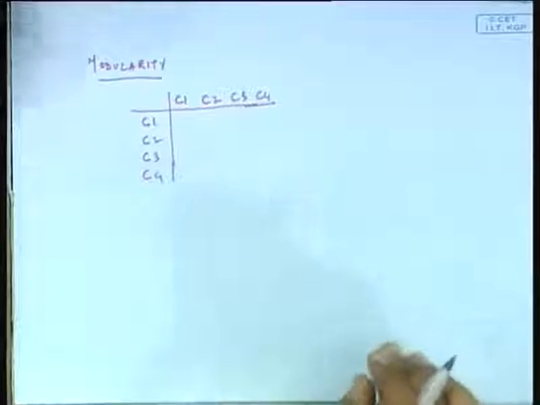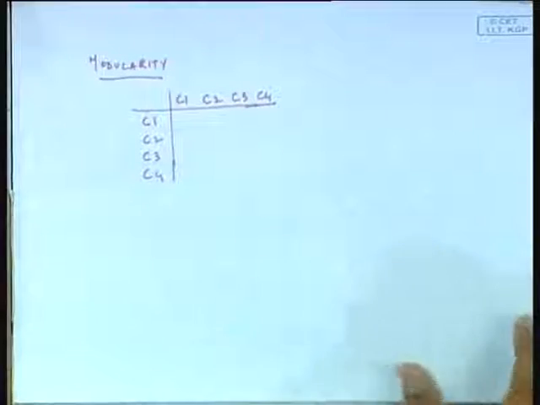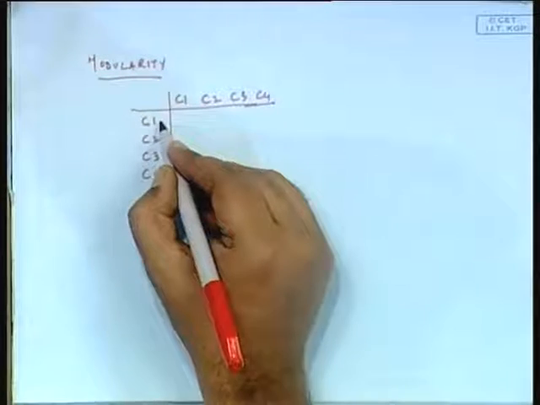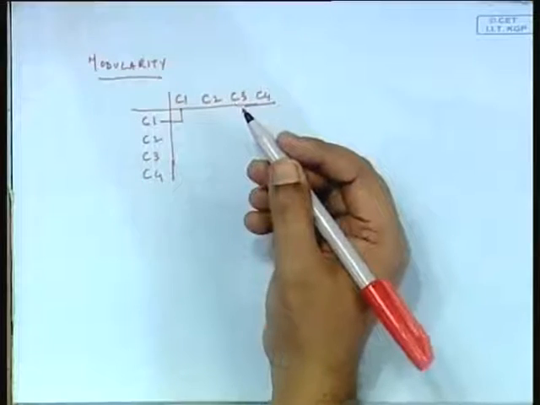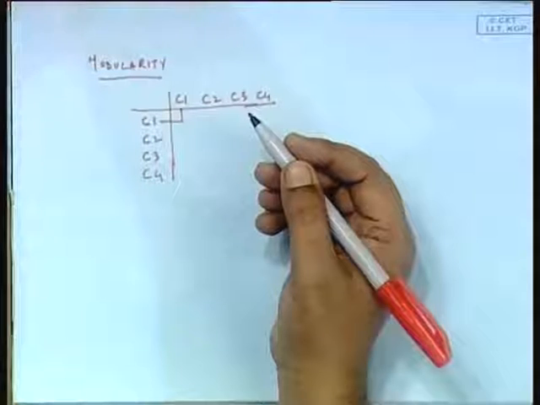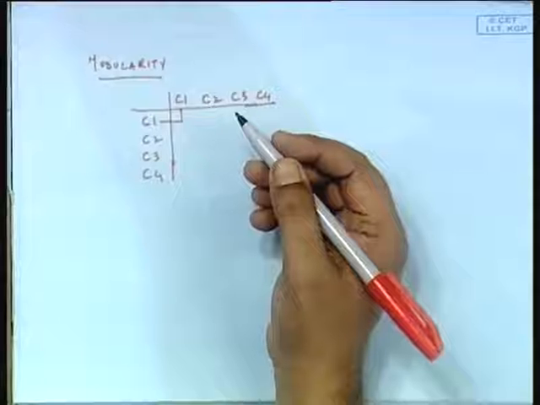The question we were asking is, given that we have formed communities, broken up the network into 4 pieces, C1, C2, C3, C4, how good is it? How good it is can be defined as whether the number of edges inside is more than the number of edges outside.